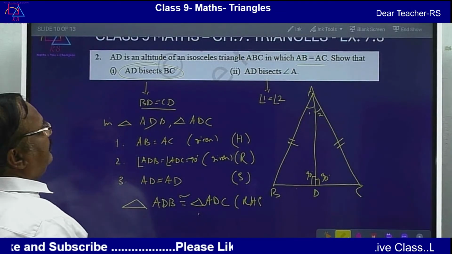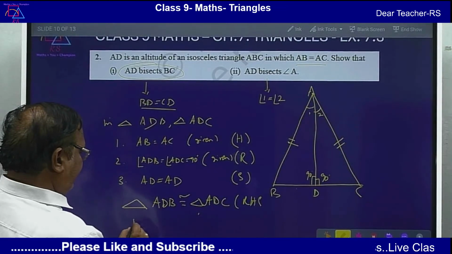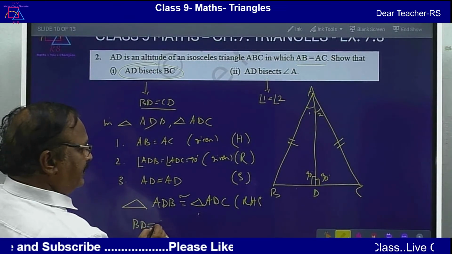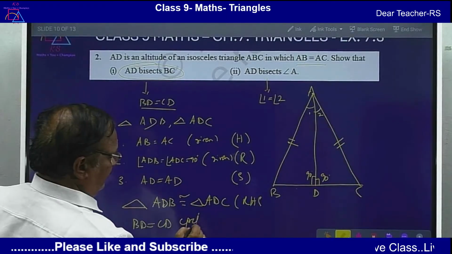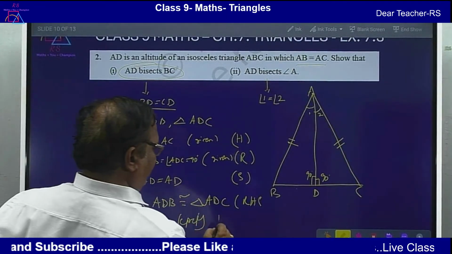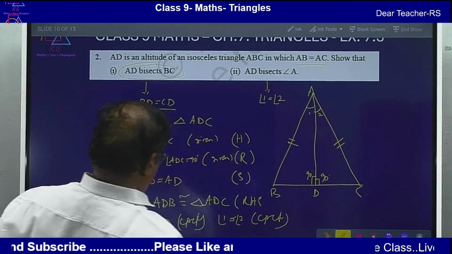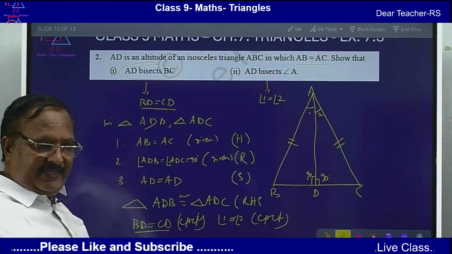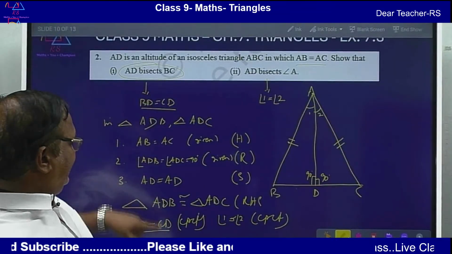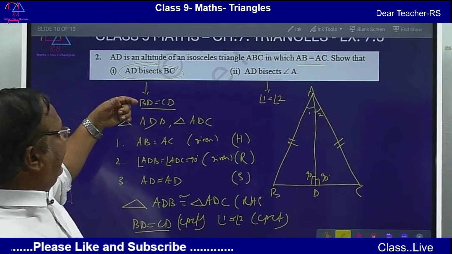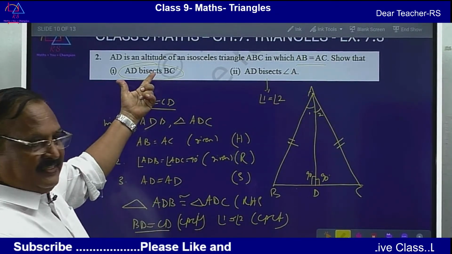Therefore, BD is equal to CD by CPCT and angle 1 is equal to angle 2 by CPCT. So because BD is equal to CD, AD bisects BC.